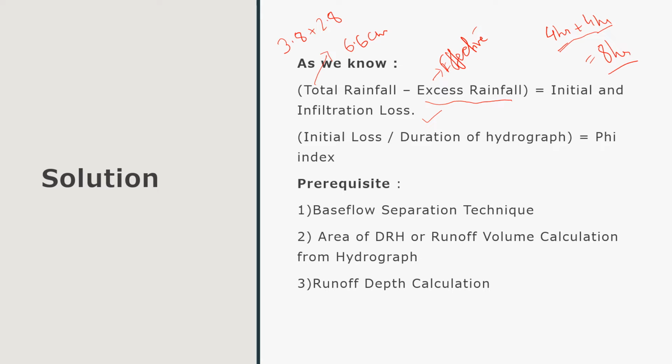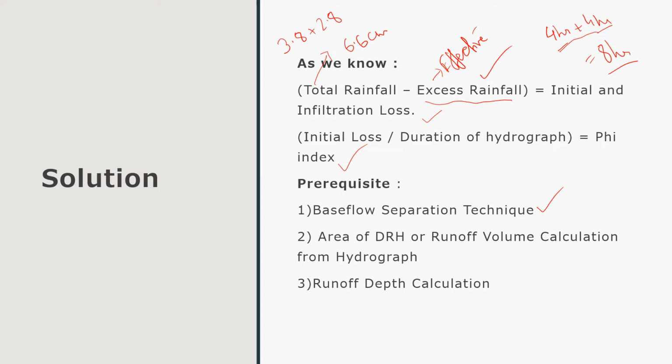The question that I have discussed in the previous slide asks you to calculate effective rainfall and phi index. To solve this problem, you need to know about the base flow separation technique. There is a video of mine on YouTube.